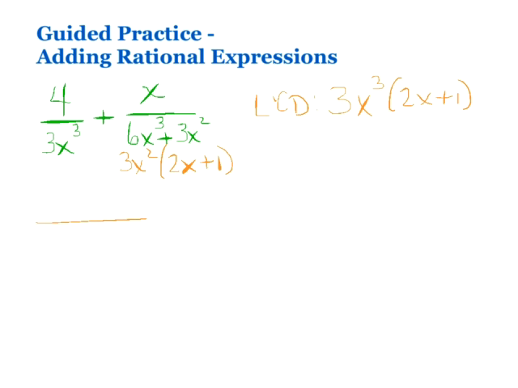All right, so the rewrite is going to look like this. 3x cubed times 2x plus 1 plus 3x cubed times 2x plus 1.